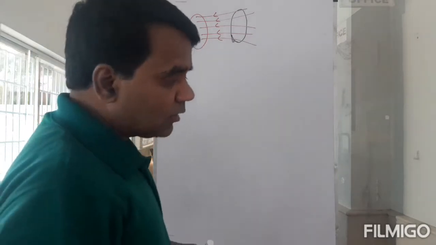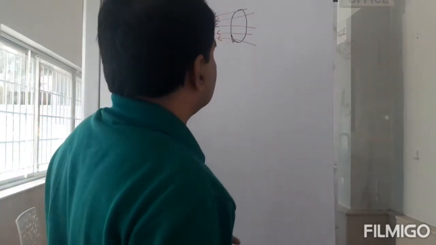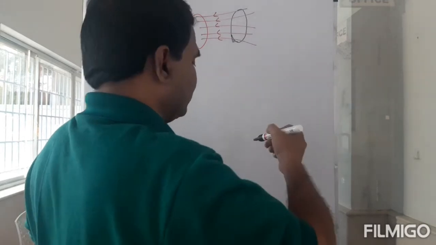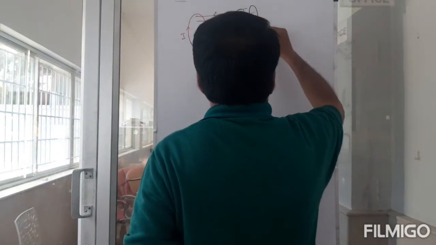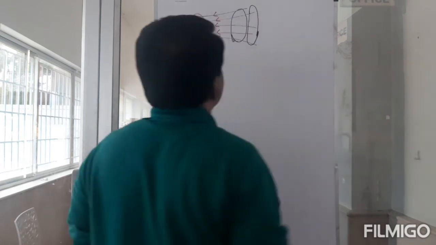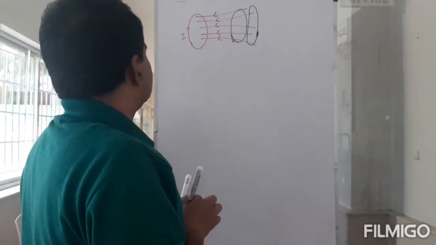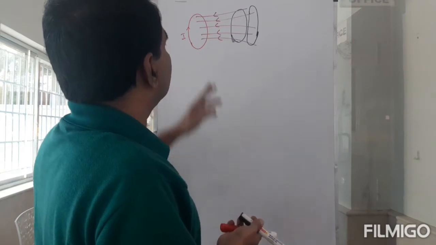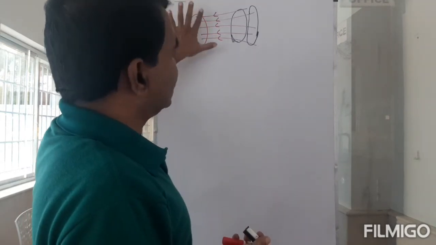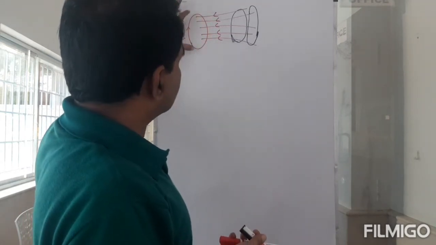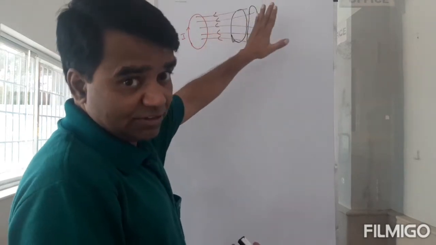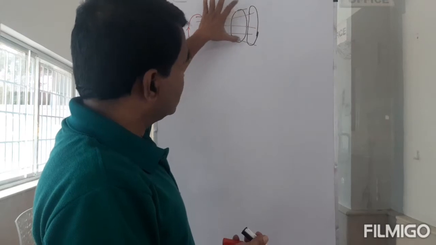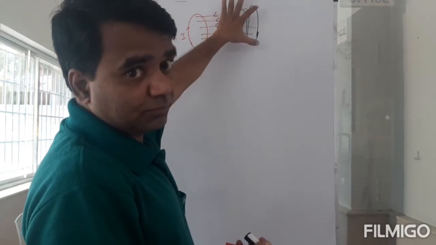Okay? Now, I have another loop. So, when the current in this loop changes, the flux is going to change in this loop and also in this loop.